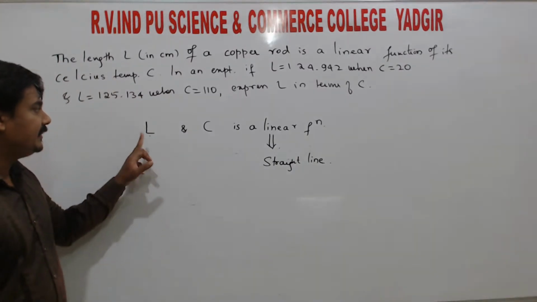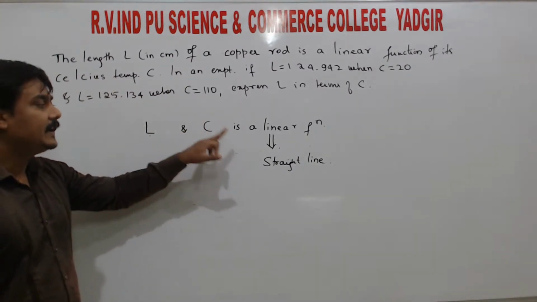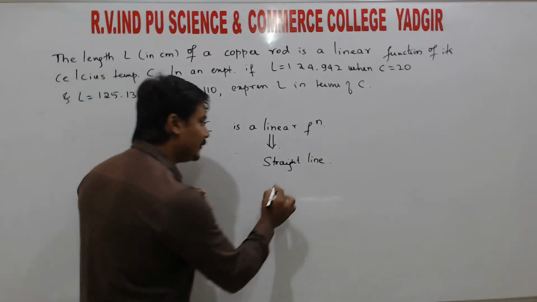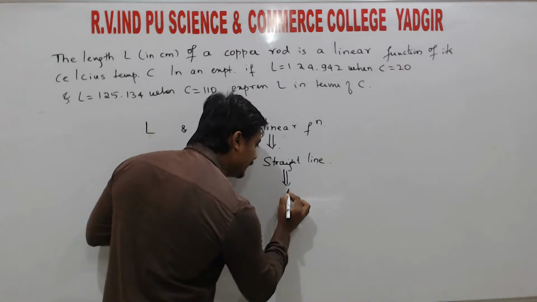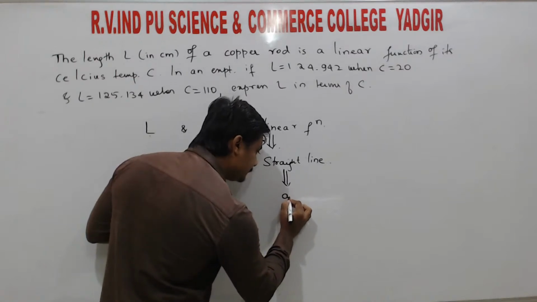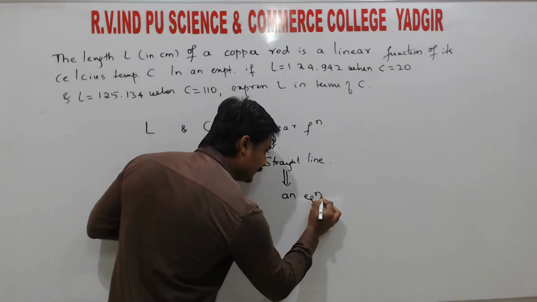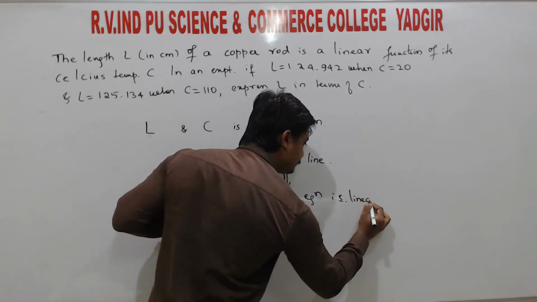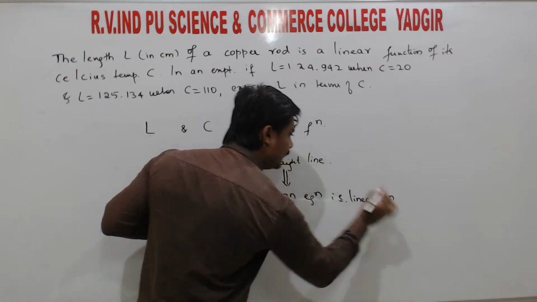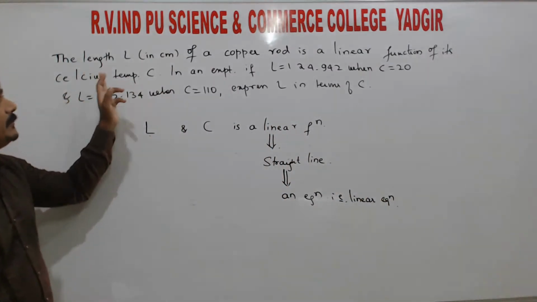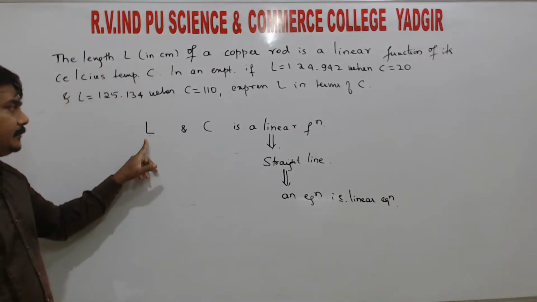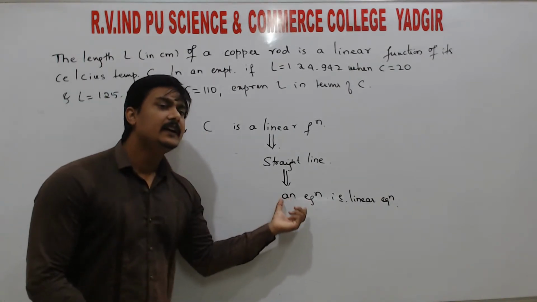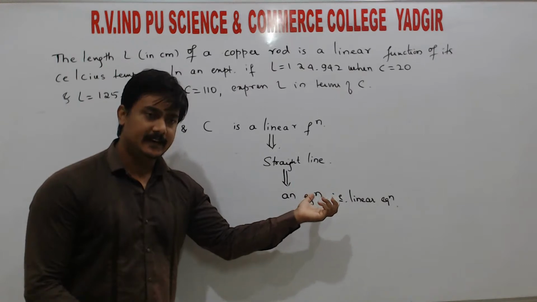The relation between L and C can be represented using a straight line. And we know that every straight line can be represented by an equation, that too, a linear equation. So the meaning of the first line is that the relation between L and C can be represented using the equation of a straight line.